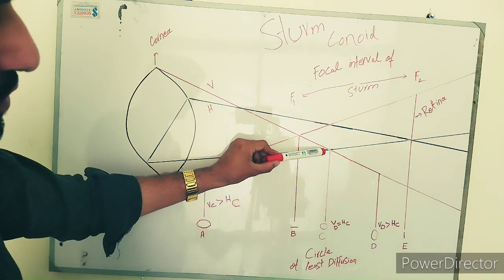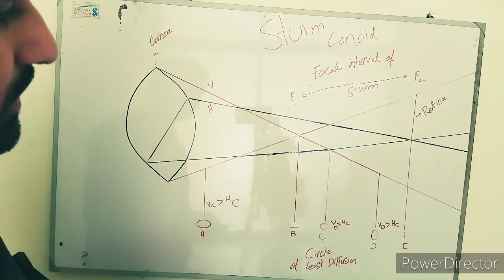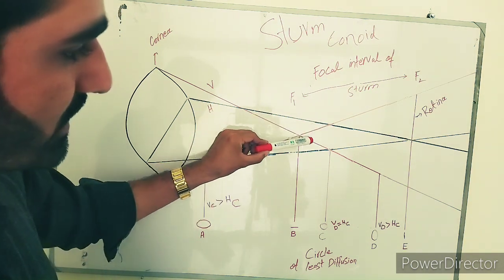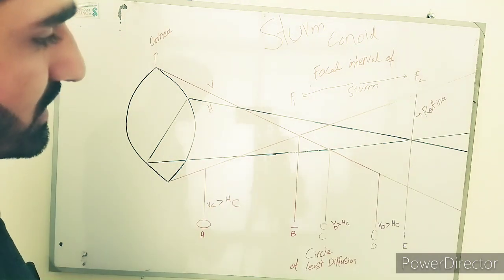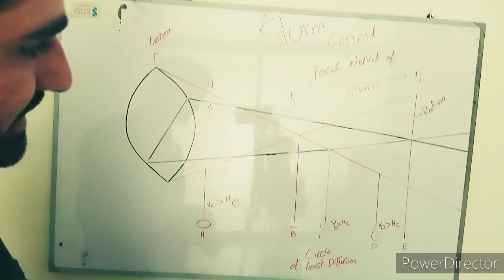When we come to point 3 or point C, here vertical rays start diverging after coming to a point of focus, but horizontal rays are still converging.